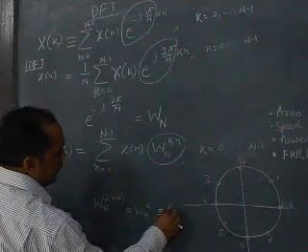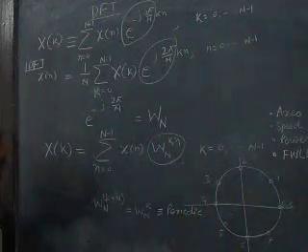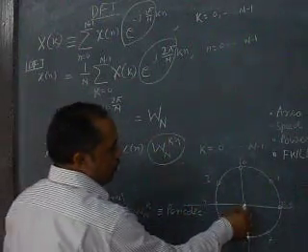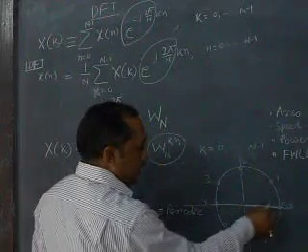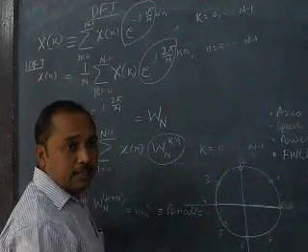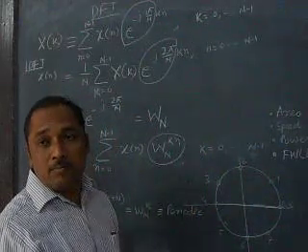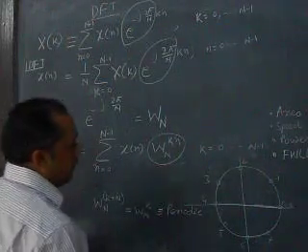Now W^0 and W^4 have the same amplitude, but how much phase difference? 180.